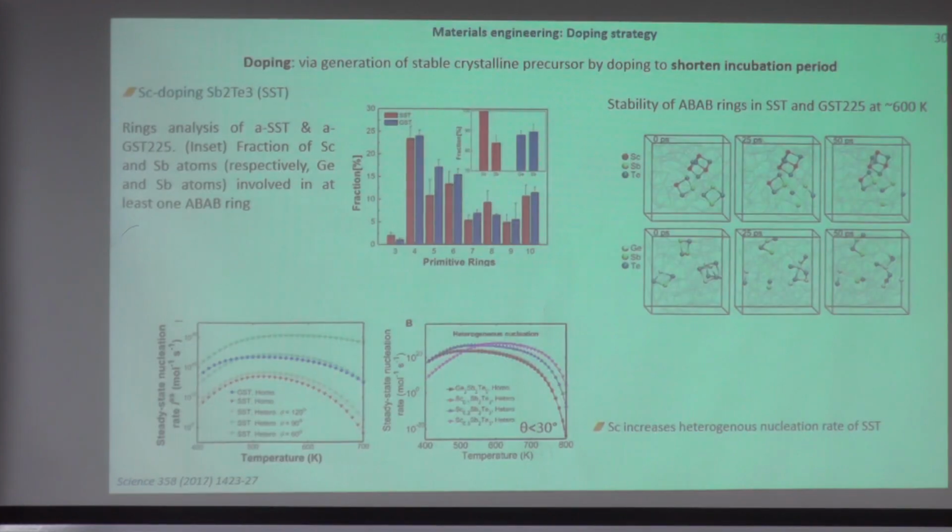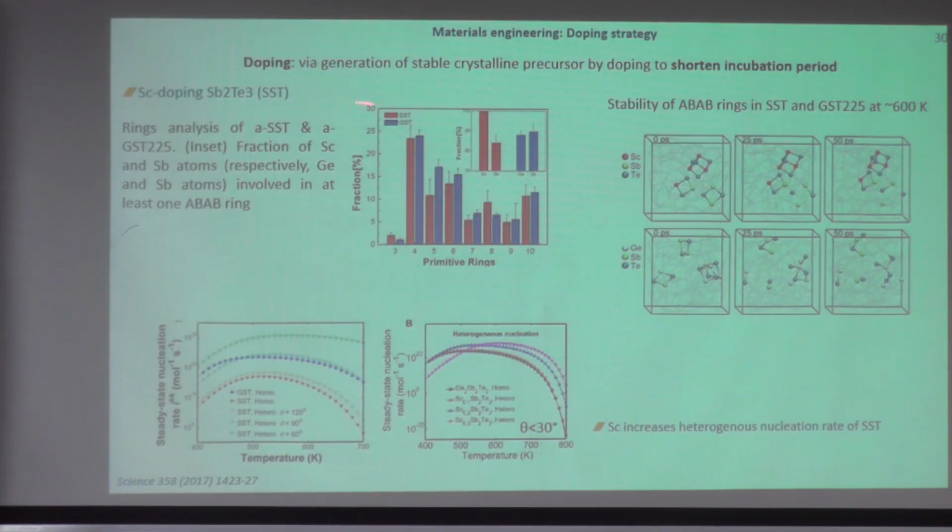Another approach is based on the stabilization of such AP rings by introduction of doping elements. In this case, if scandium is introduced to antimony telluride, then the number of such AP rings, which correspond to the nucleus, also increases.